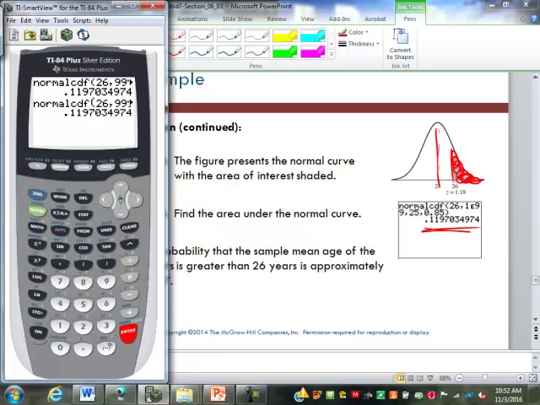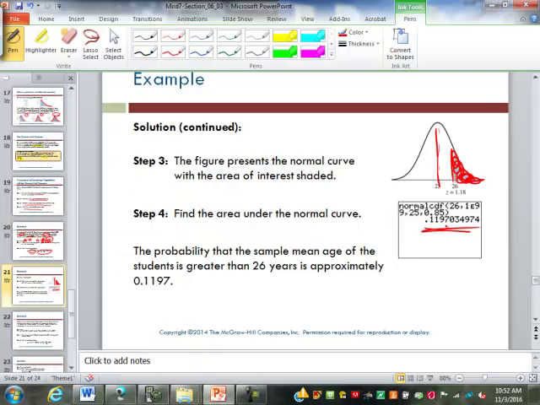To me, that's easier to enter it like that, even though it's more calculator keystrokes, because you avoid the round-off of dividing by the square root of n and getting some really long, ugly decimal number. So we get that the probability of being greater is 0.1197. We could find any probabilities now between two values, or less than, if we wanted to.